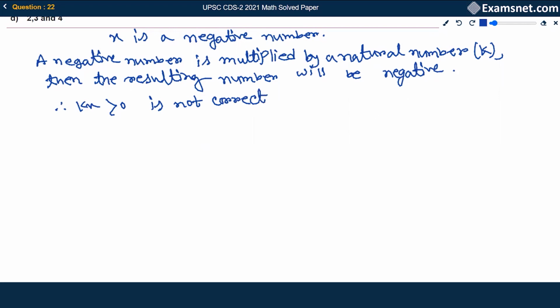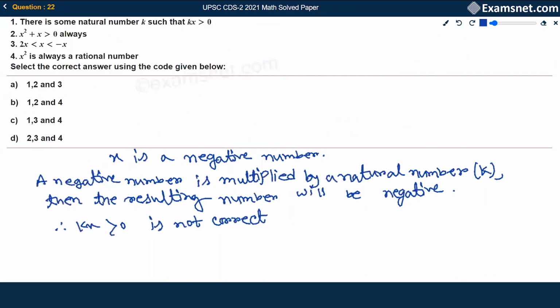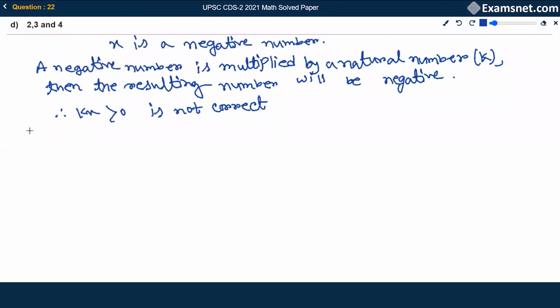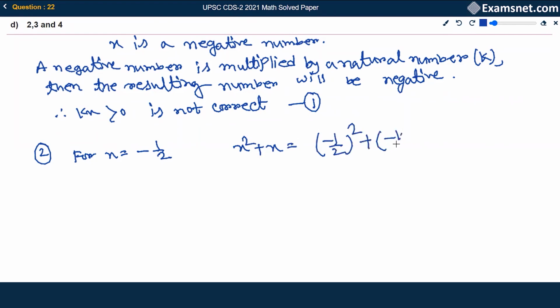Now let's check with the second statement. x square plus x greater than 0. It is greater than 0 always. So now let's check with an example. So 1 done. Now for the second statement, for x equals minus half, a negative real number. Now we can say x square plus x will be minus half whole square plus minus half.